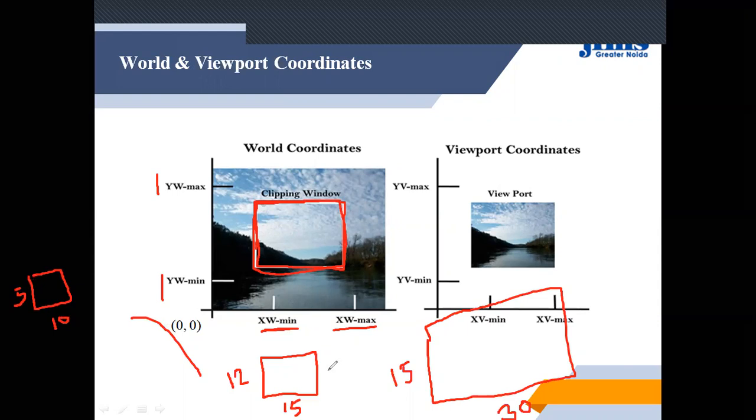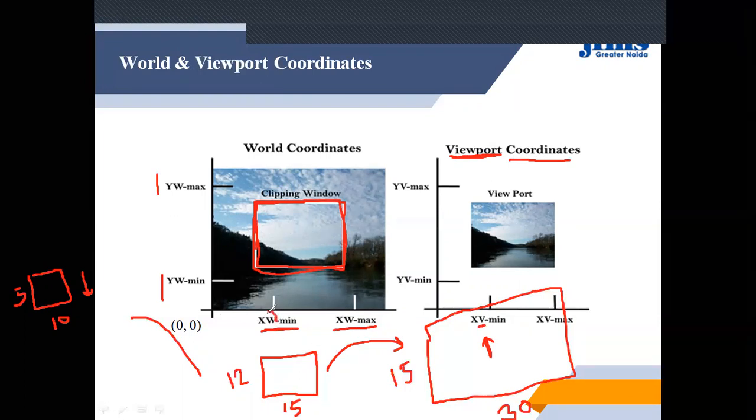So this is where the size of the image is going to be enhanced, and in this other case the size of the image is going to be decreased. This is the reason we call it viewport, and the coordinates of the viewport we represent by xv instead of w.